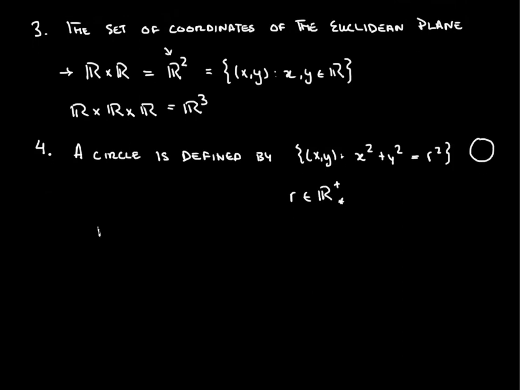If we define a disk, we could use the set of all pairs (x, y) such that x squared plus y squared is equal or smaller than r squared. Now we would need to define this. So this needs to be defined.